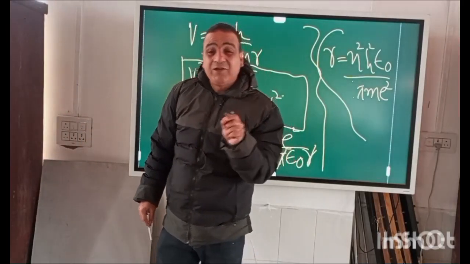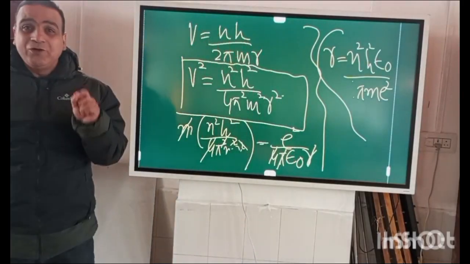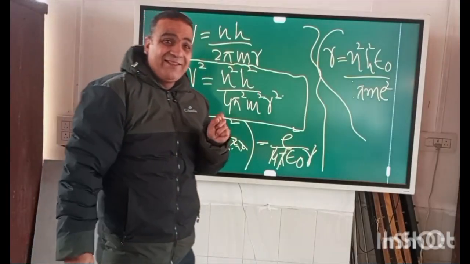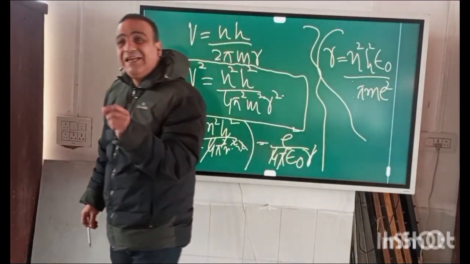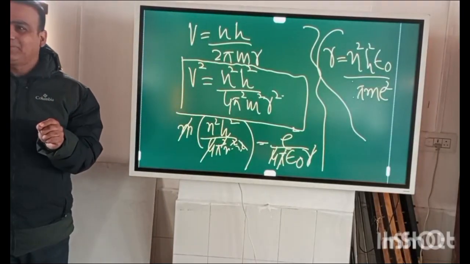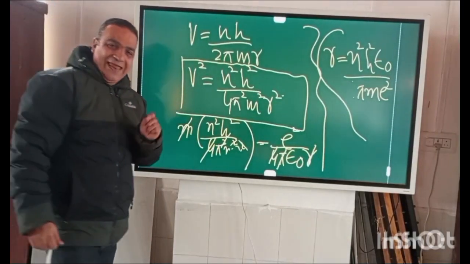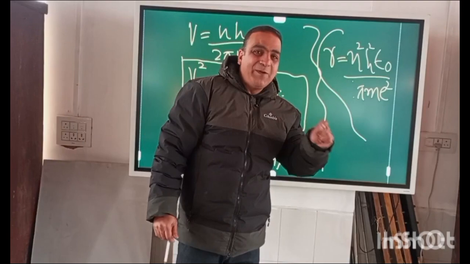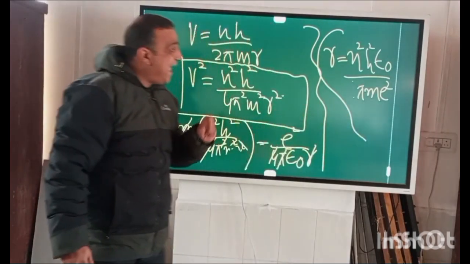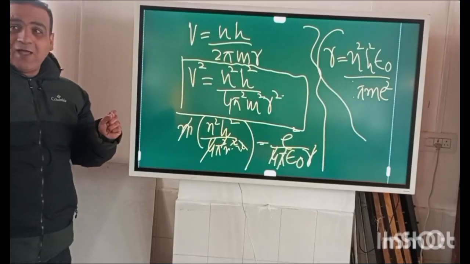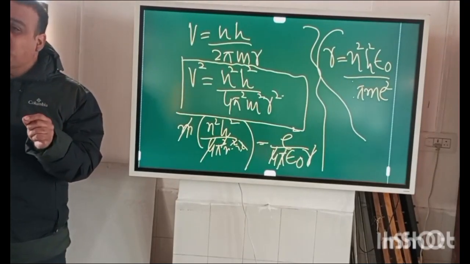So you have a fixed radius. And in quantum mechanics, you don't have anything fixed. In quantum mechanics, you deal with probabilities. So in quantum mechanics, you will have a probability of finding the electron. You will not have a single orbit for an electron.